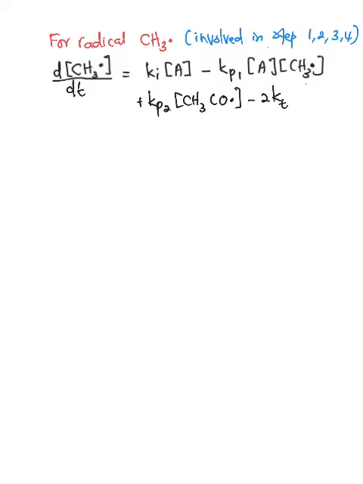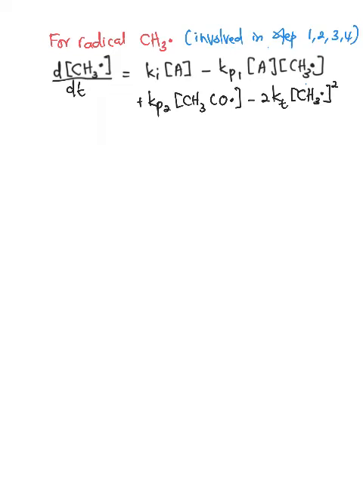Look at the stoichiometric coefficient of CH3 in the termination step, 2 CH3. Because we write the mass balance, we need to consider the number of moles. So minus 2 k_T [CH3] to the power of 2, because the order of reaction is based on the rate law equation. So this is for radical CH3.